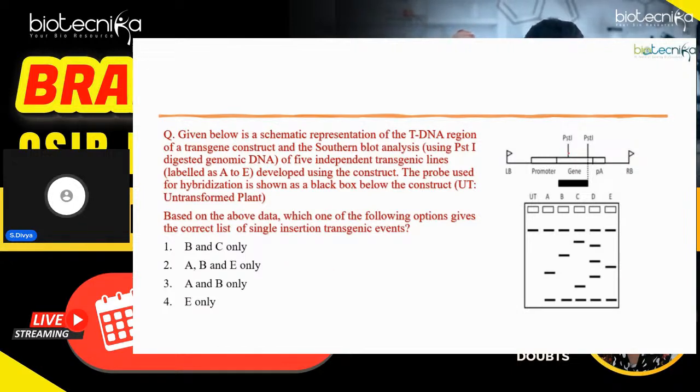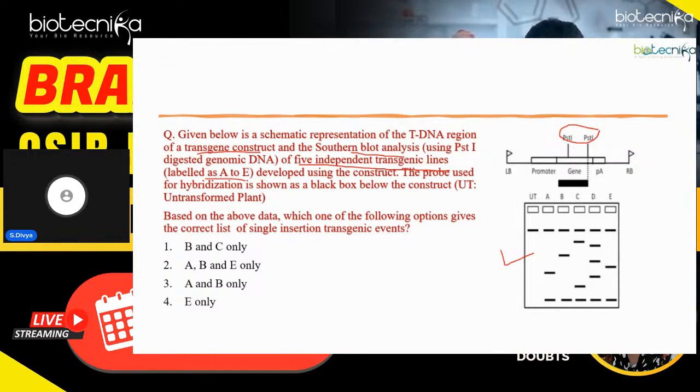There is a schematic representation of the tDNA region of a transgene construct, and the southern blot analysis. This is the southern blot analysis. This is the transgene construct. You will find 5 independent transgenic lines labeled A to E. Here you are provided with a restriction enzyme for digesting the genomic DNA.